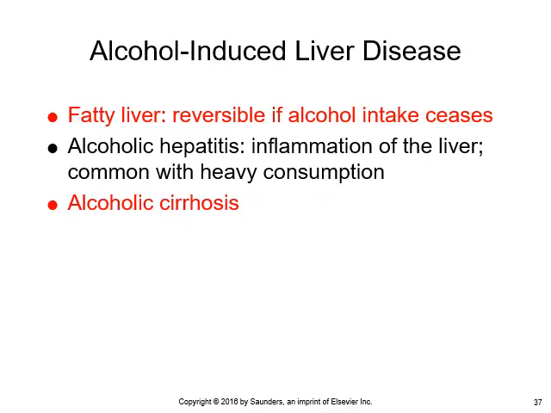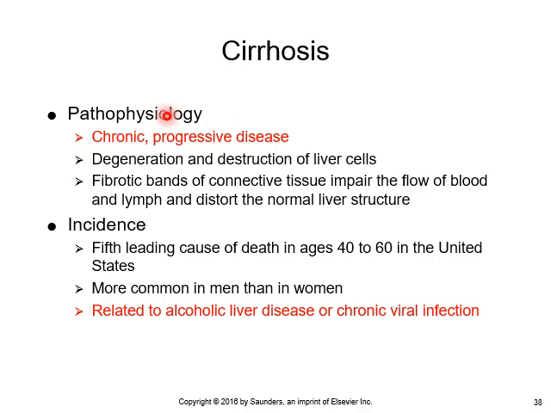Alcohol-induced liver diseases are those liver diseases that are caused by alcohol abuse, like fatty liver, alcoholic hepatitis, and alcoholic cirrhosis. So cirrhosis is a chronic progressive disease and is a degeneration and destruction of the liver cells.